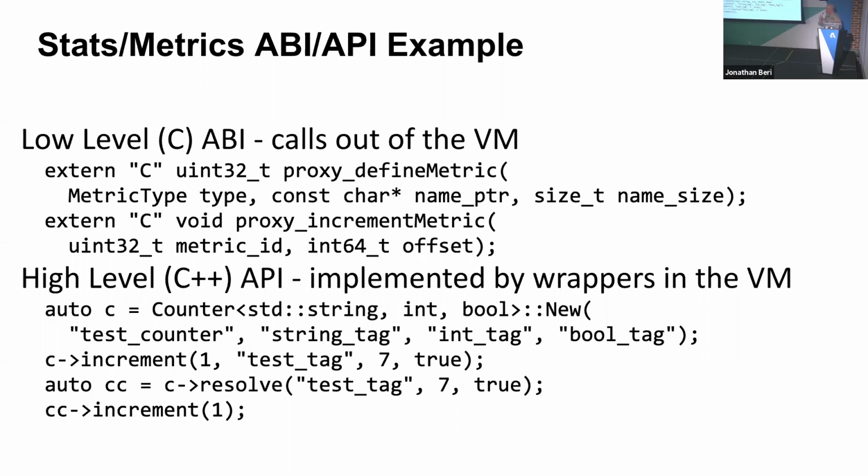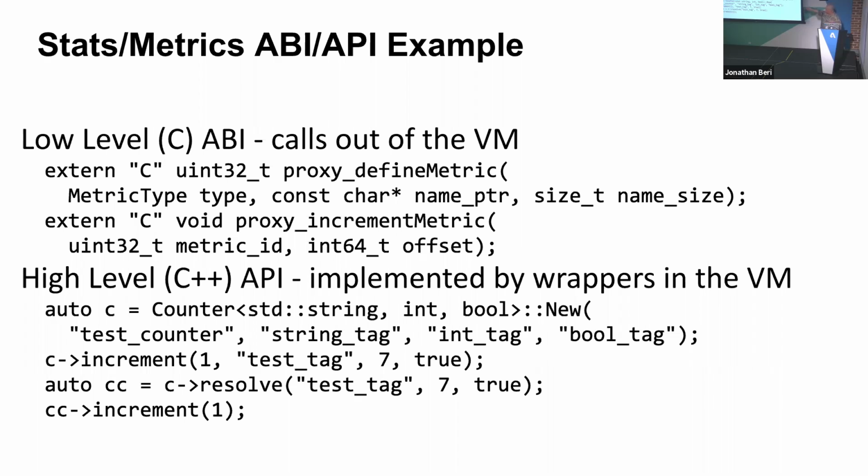On the high level, we want to support all the normal high-level things you'd expect. In this case, you have a collection of different tags that have types. You've got functions that allow you to increment something by passing in values of the appropriate types, and the templates do all the magic to concatenate all this stuff together and turn it into a single string.